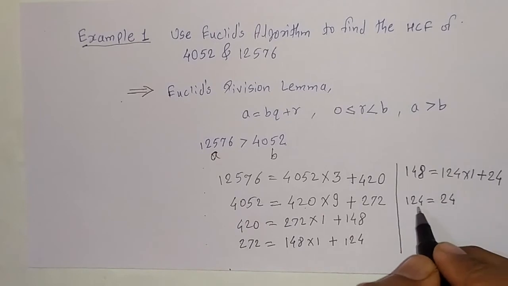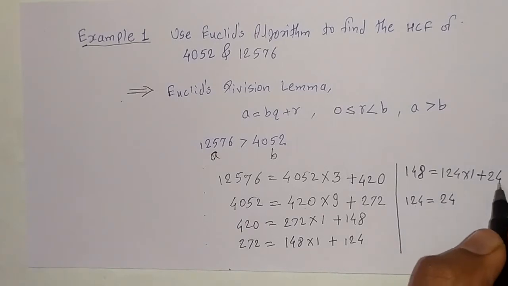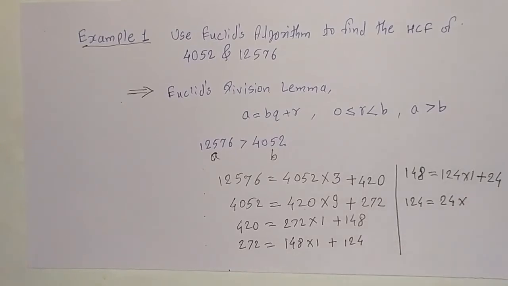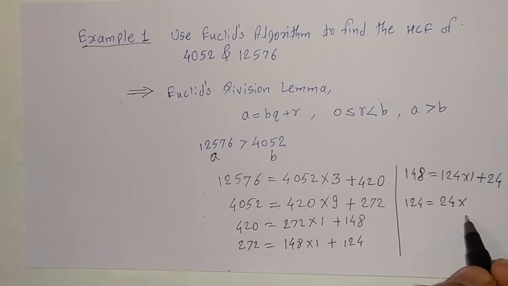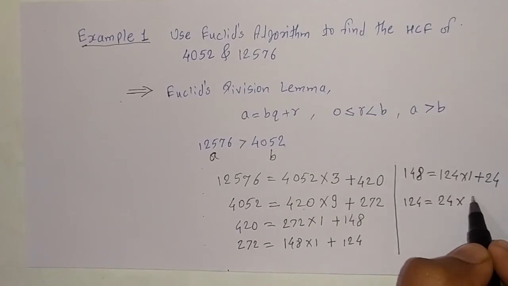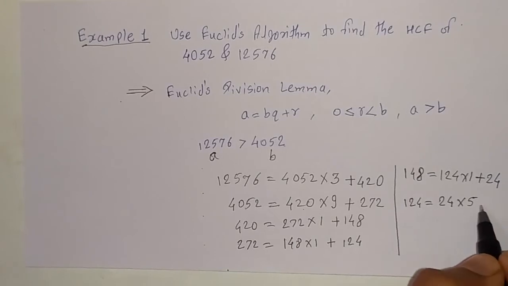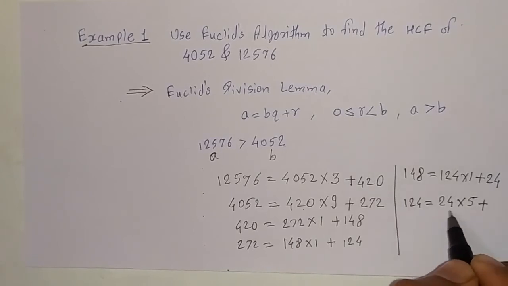So 124 will be the dividend, the remainder will be the divisor. What will be the quotient in this case? You will have the quotient as 5. 24 into 5. So if you subtract, this product will be 120.